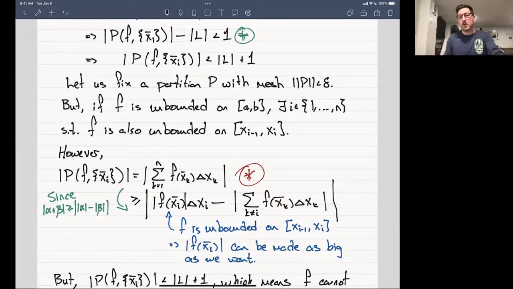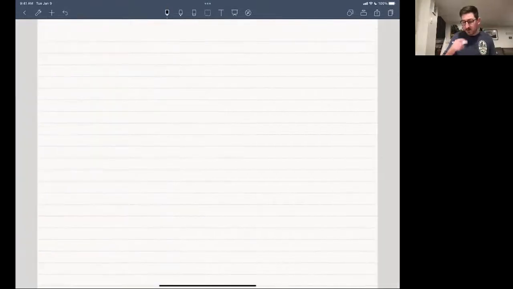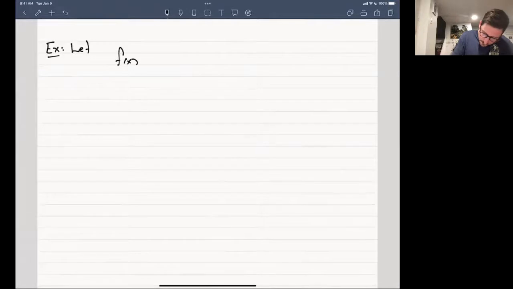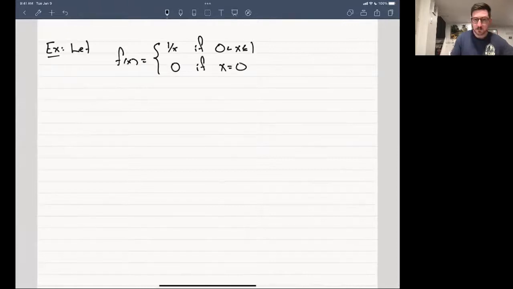Okay, so that proof was a little bit looser than we're used to, and it's mostly just because it's easier to understand than it is to write down. But let's take a look at a really simple example. Let f of x equal 1 over x if 0 is less than x less than or equal to 1, and 0 if x is equal to 0.